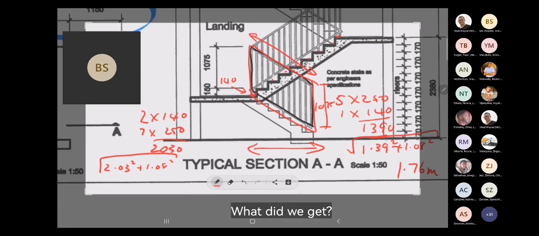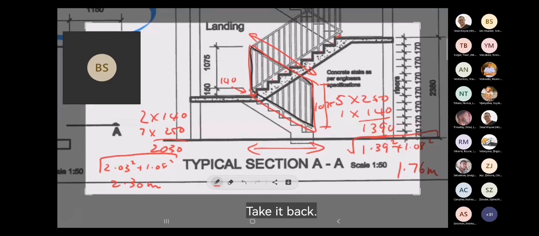What do we get? We get the length? 2.3. Happy with 2.3?